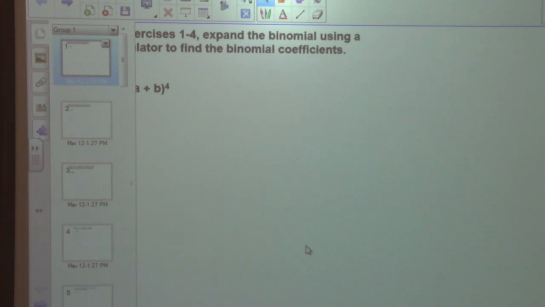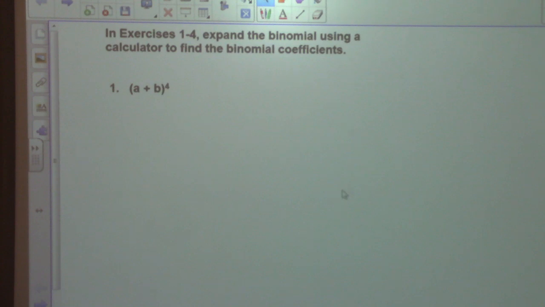You have the calculator there, Riley? Yes. Good deal. Everybody else has their calculator? You got your calculator, Karina? All right.